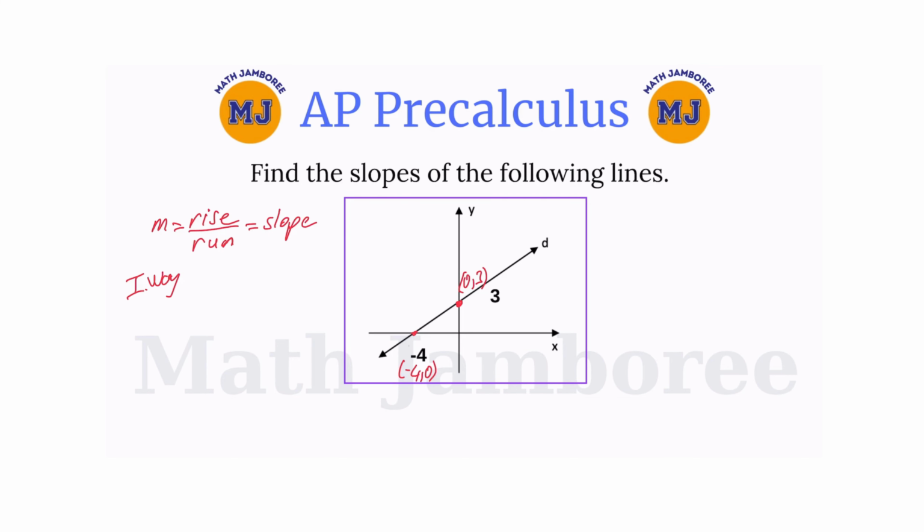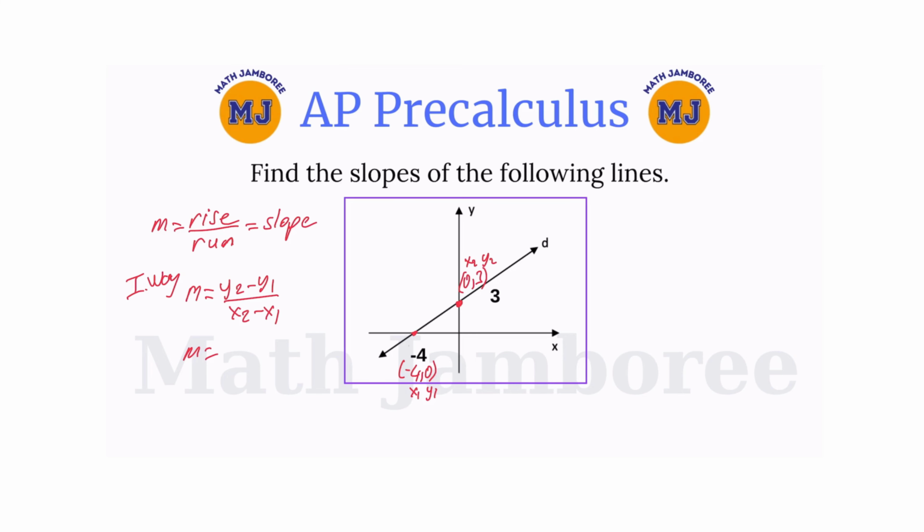To find the slope, you can use the formula for a line passing through two given points. The formula is y2 minus y1 over x2 minus x1. I'm going to label this point as x1 and y1, and this is x2 and y2.